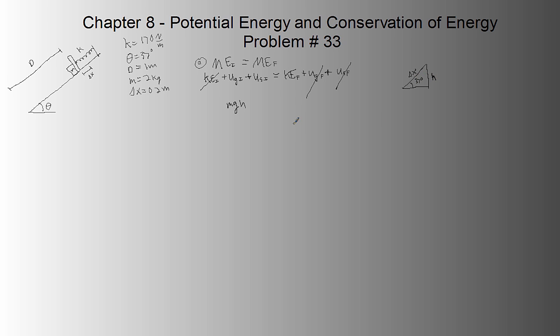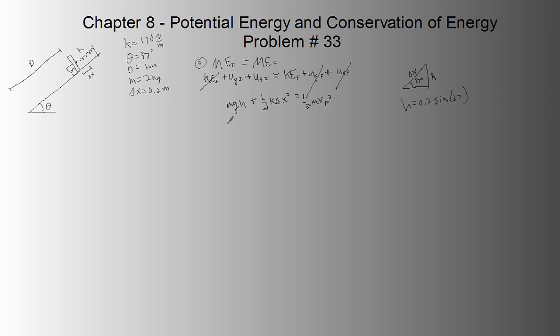So h, SOHCAHTOA, equals delta x, 0.2, times sine 37. Plus 1/2 k delta x squared. And that's going to equal kinetic energy final, 1/2 mv final squared.